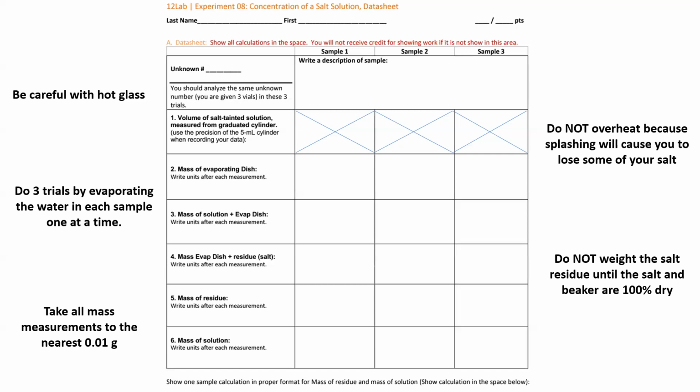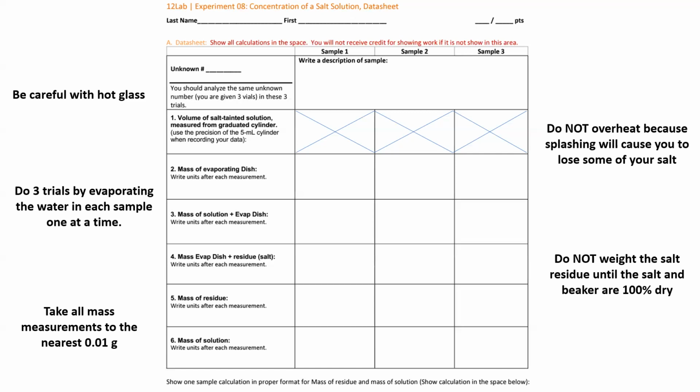Make sure that when you're heating or boiling off the water, you don't overheat, because you don't want to cause splashing. If the water splashes out of the evaporating dish or the beaker, it will cause you to lose some of your solution, which will cause you to lose some of the salt, and then there'll be less salt residue at the end.